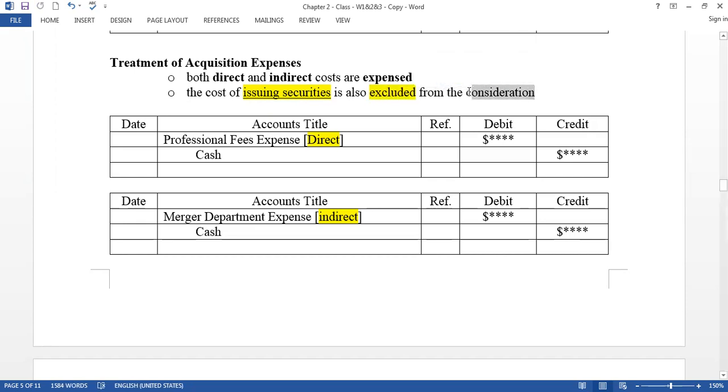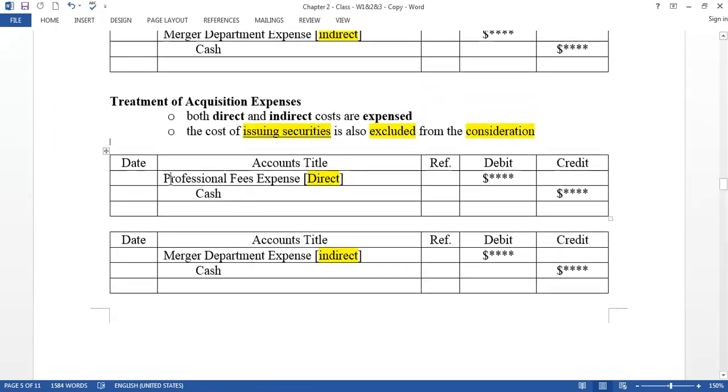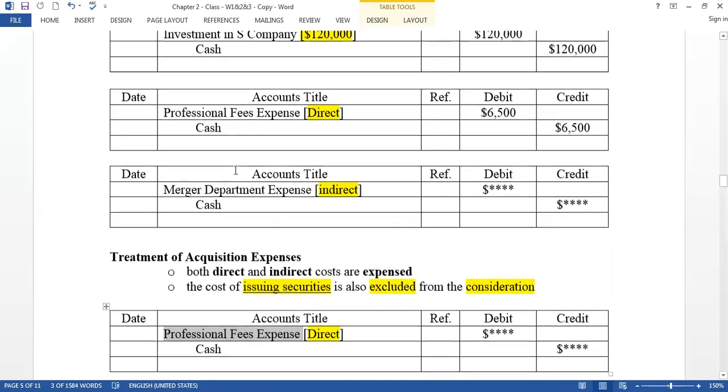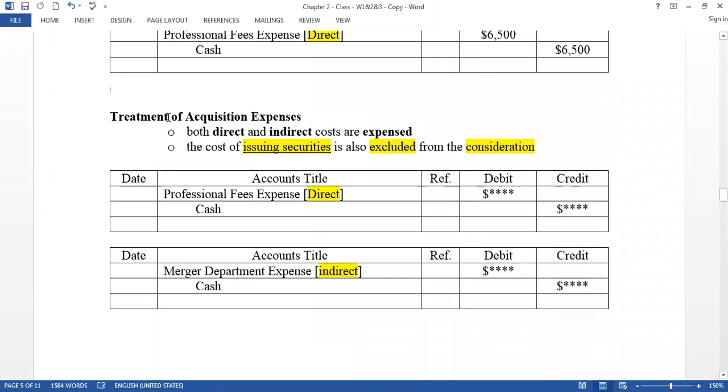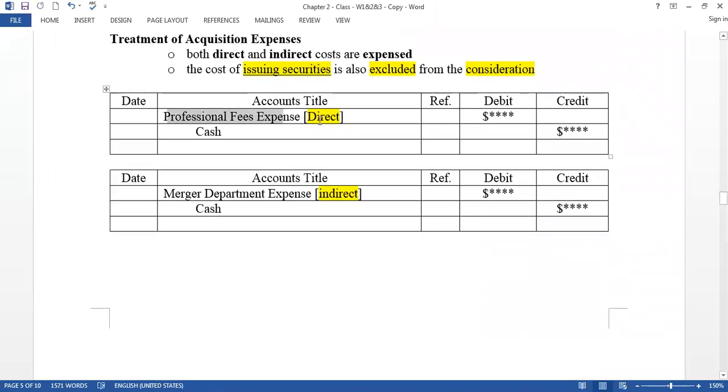Consideration means investment account. So here we excluded professional fees expense.